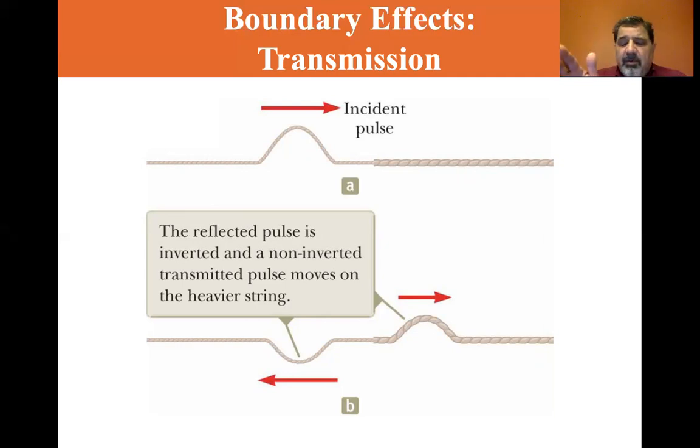Even though there's no ring or pole, there is a transition, so it's reflected negatively. The reflected pulse is inverted, and the non-inverted transmitted pulse moves along the heavier string. So at that transition point, you have both transmission and reflection.